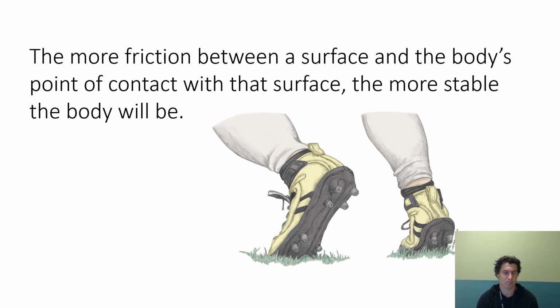And then basketball, netball, you've got rubber soles to create friction against wooden floors. Other sports like ice skating, you want to limit the amount of friction so that you can use the force generated to increase speed.